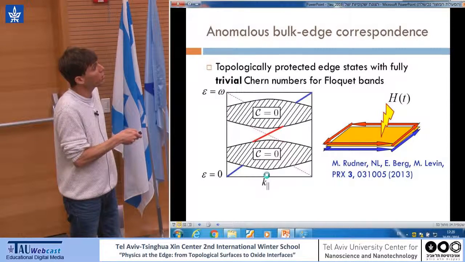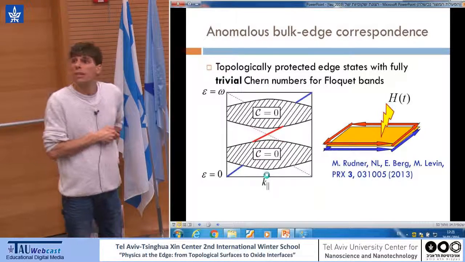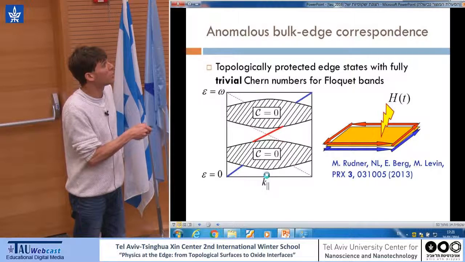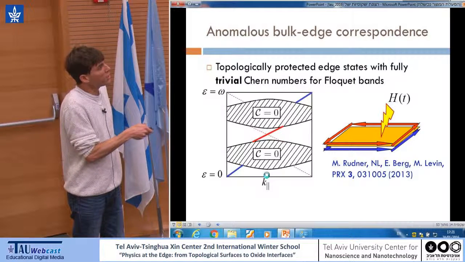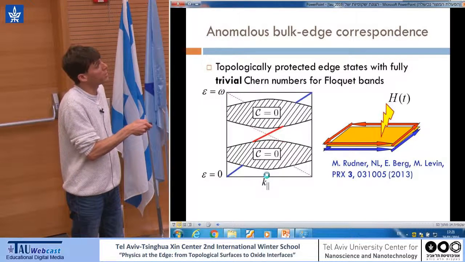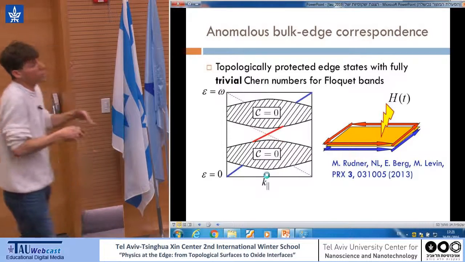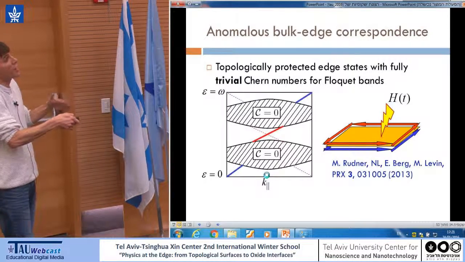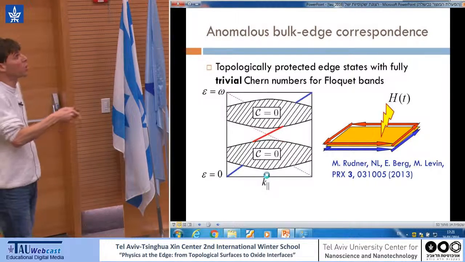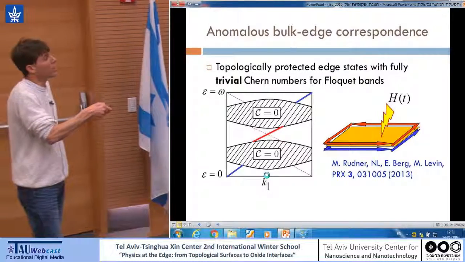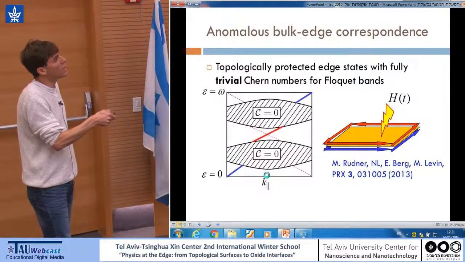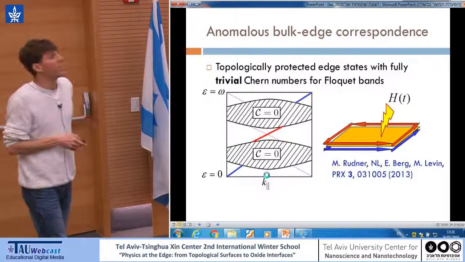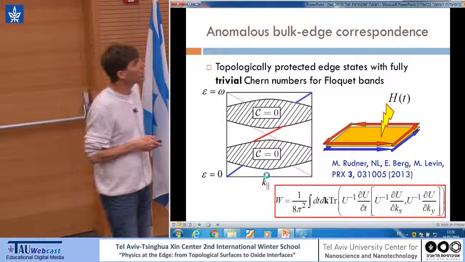The Chern number is 0. And the same thing goes for this other two-dimensional band here. So both of these bulk bands have Chern number 0. Okay, but still the number of edge states below and above is 1. And there is no problem because the quasi-energy coordinate is periodic.